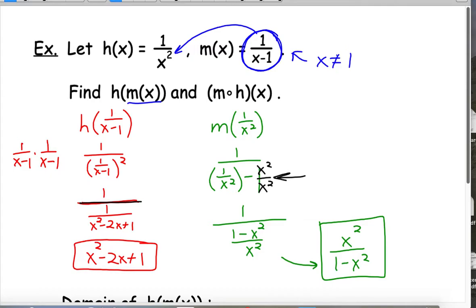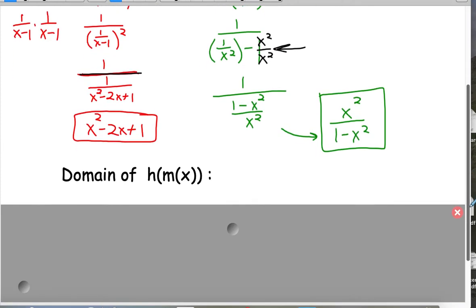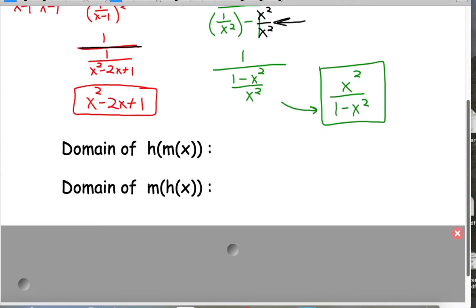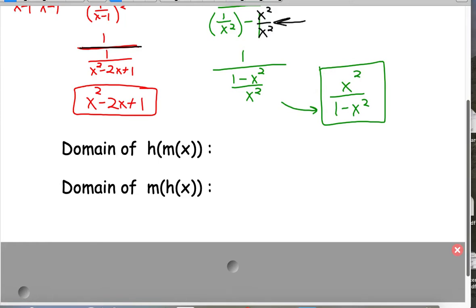So all I have to worry about is that x is not 1, and then m is going to be anything else except 0, and so then there won't be a problem when I send that to h. So the domain for h of m of x is all real numbers, except x cannot equal 1.